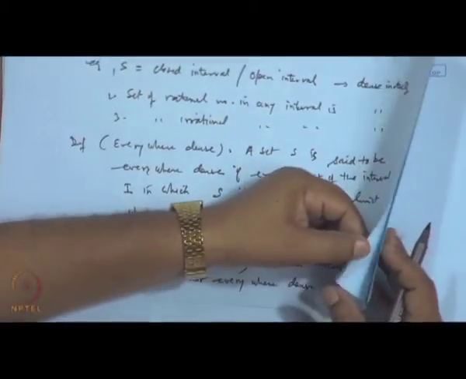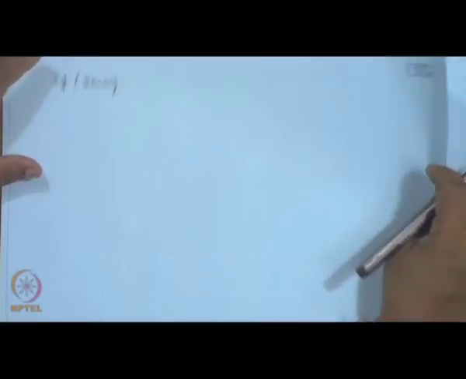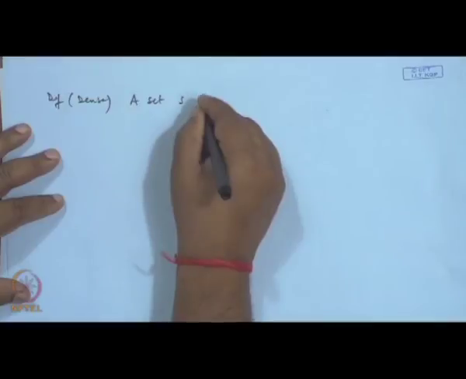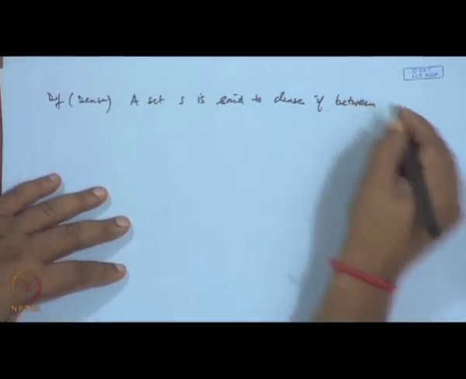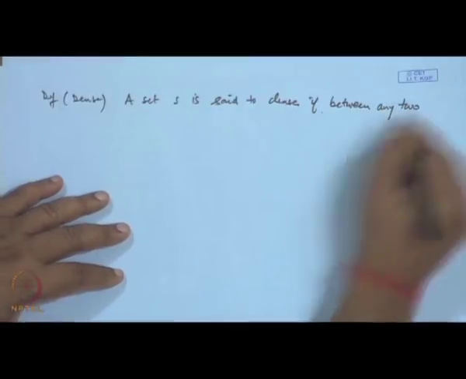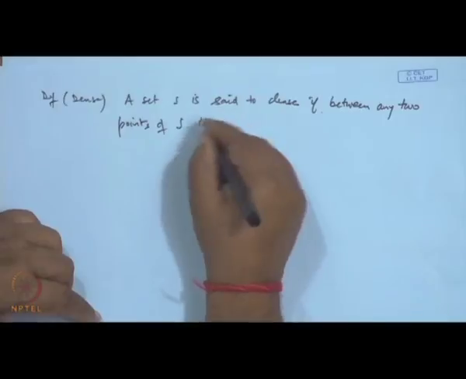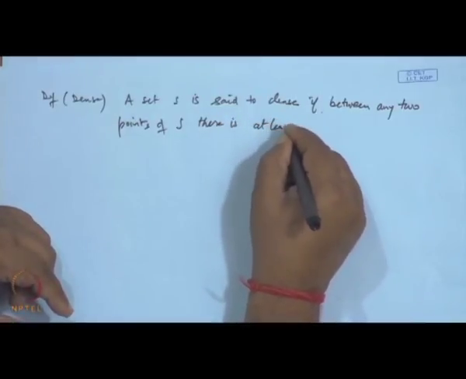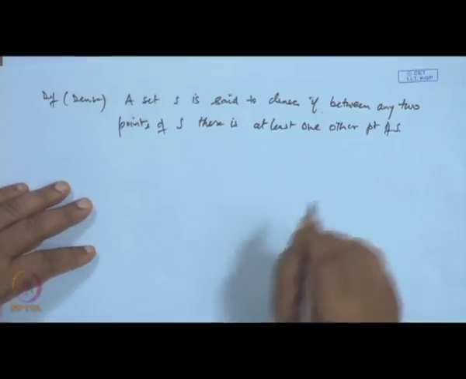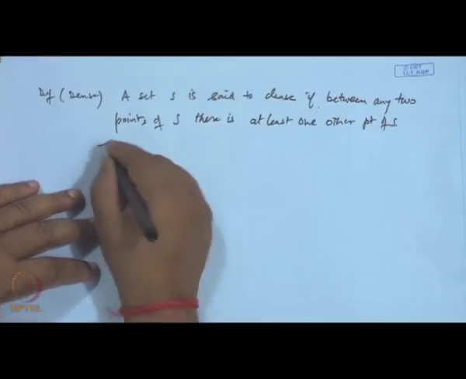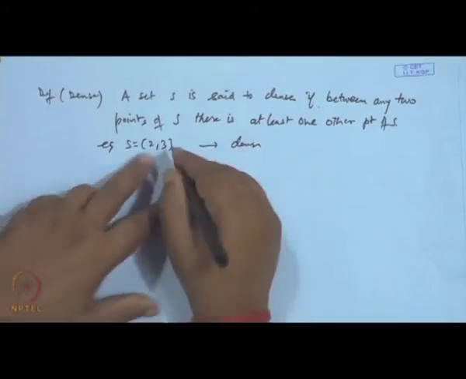Then a set is said to be dense, and lastly, we say a set S is said to be dense if between any 2 points of S there is at least one other point of S. For example, if we take the interval 2 3 as S, then this is a dense set, because between any 2 points there is a point of the interval.